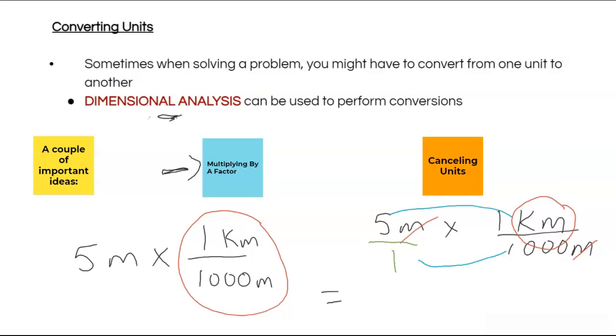And so what I get as a result is 5 meters times 1 kilometer, divided by 1 times 1,000, so 1,000 meters.